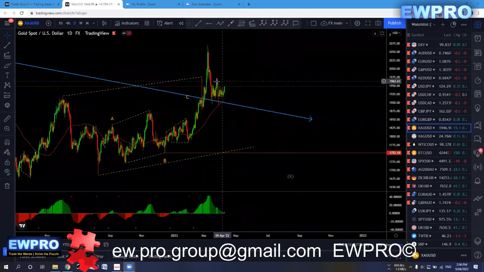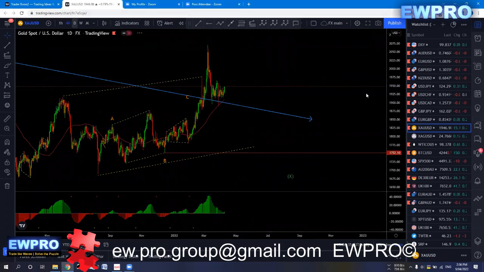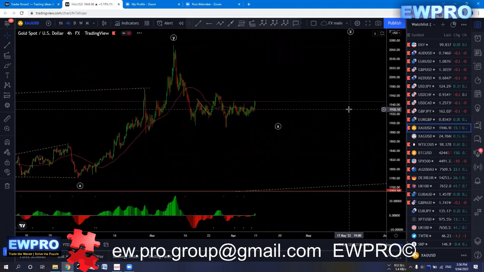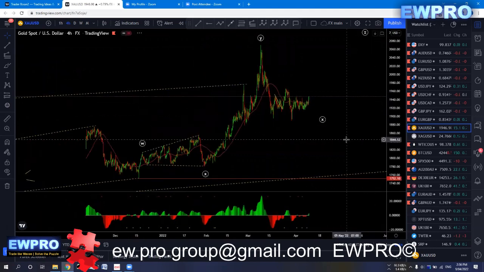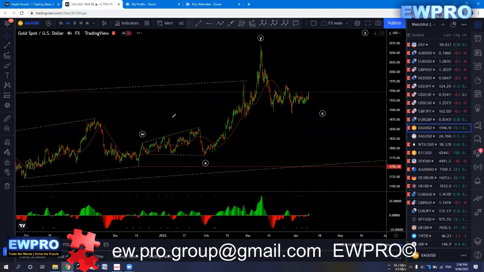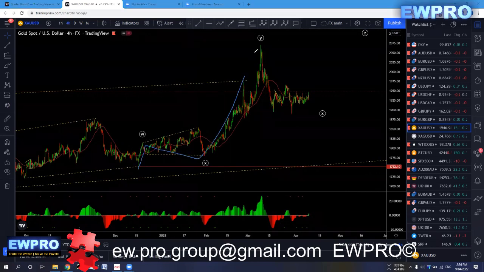This is looking bearish in here. So if we look on the H4, we're looking at this WXY, X2, and a Z up. You're sort of getting a buy setup in here now.